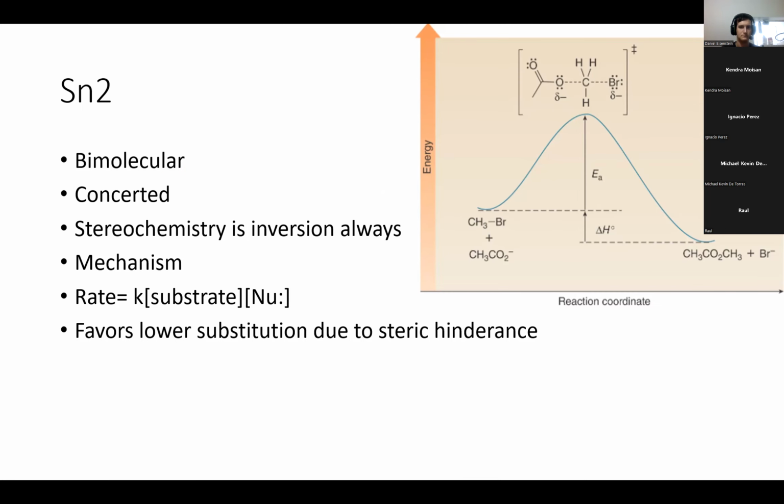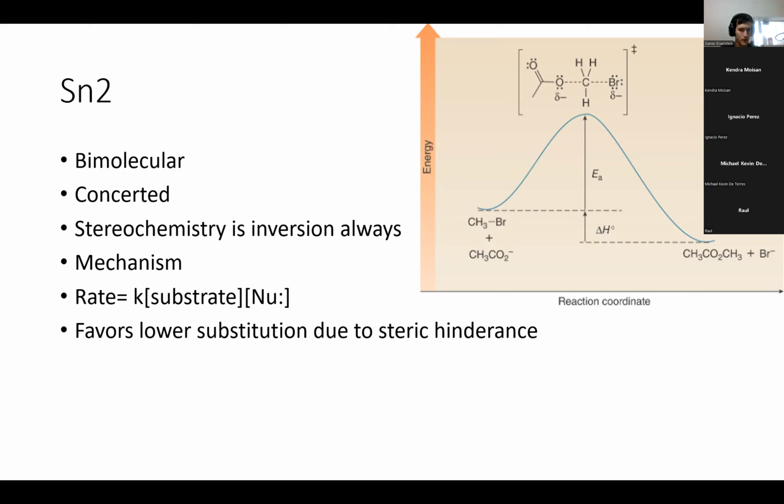That's the mechanism. Also, higher substitution means decreasing rate.